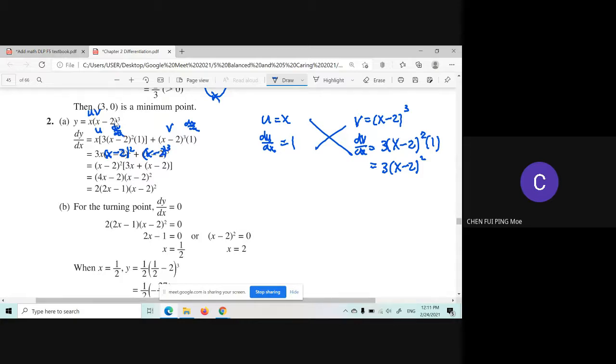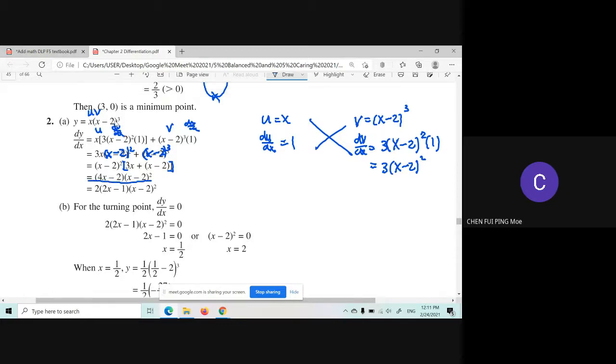Number x bracket. Okay, so now number cannot take out, x cannot take out, x minus 2 power 2 you can take out. So after take out, remaining is what? Remaining 3x, power 2 already take out, so no more, power 3, so remaining power 1 here because already take out power 2. Then this one copy, simplify, so getting this as your answer. You can stop at this step actually.